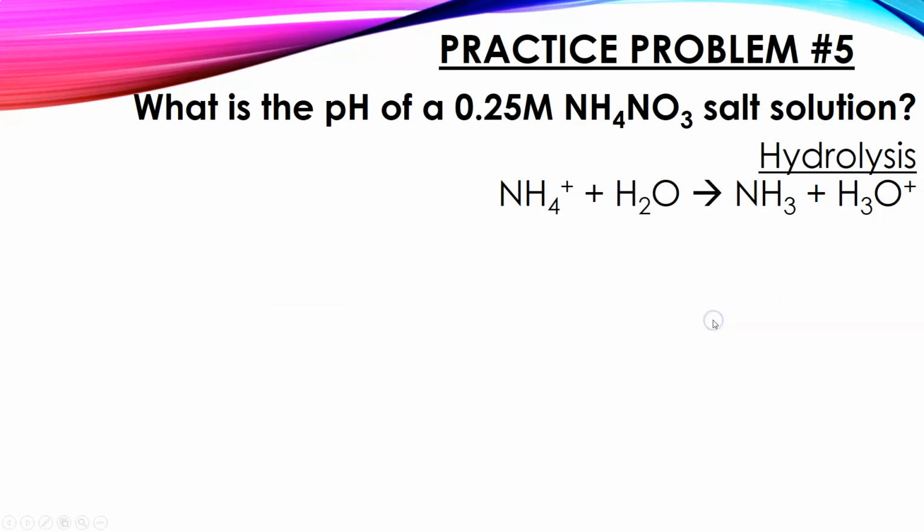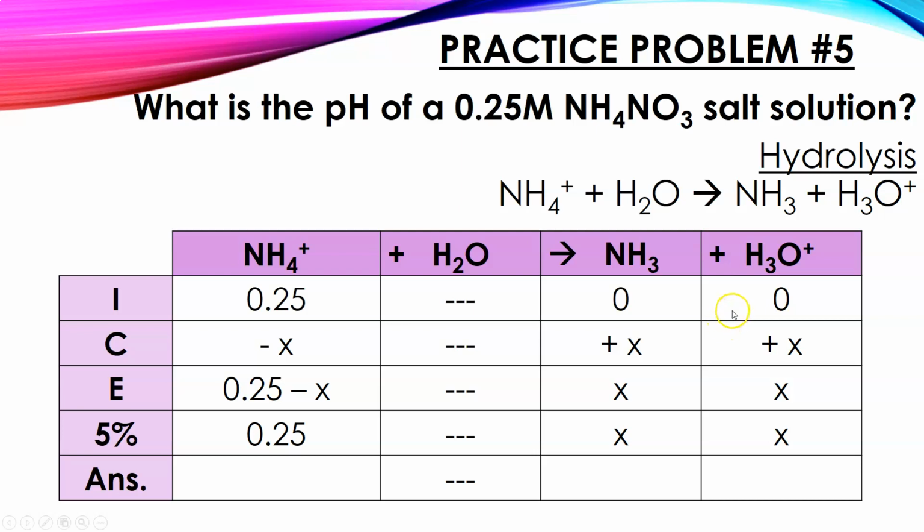So when we set up our ICE table, we will use the hydrolysis equation. To save time, I just plugged it in for you. Let's talk about it. The initial concentration matched up here, right? Because when this dissociates, if I started with 0.25 molarity of this whole salt, I'll have 0.25 of the ammonium.